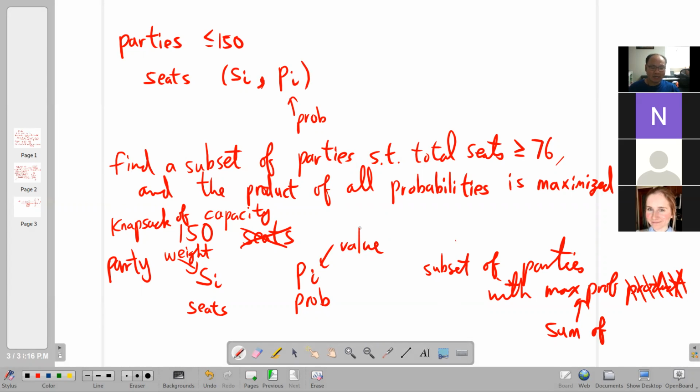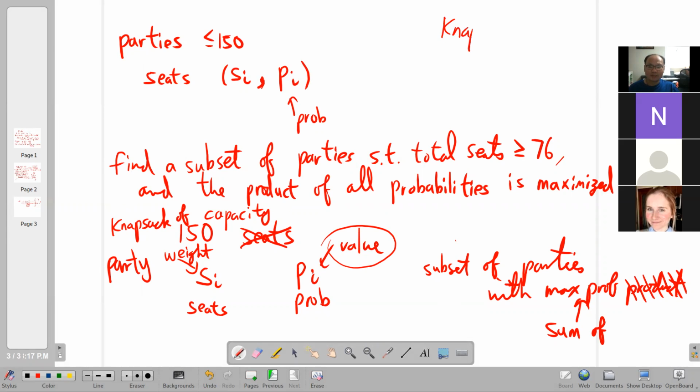You're trying to find out which items you should pack into your knapsack to maximize the total value, given that you have a certain capacity. Does that make sense? Do you remember this knapsack problem?